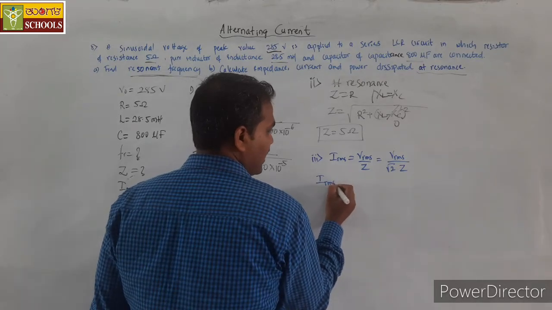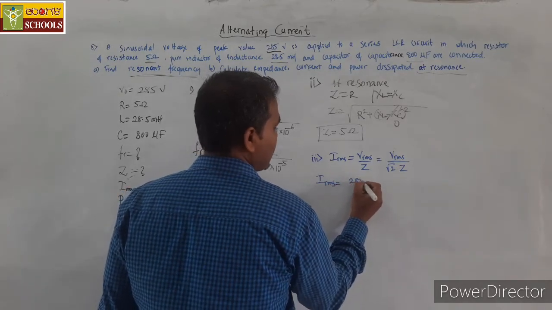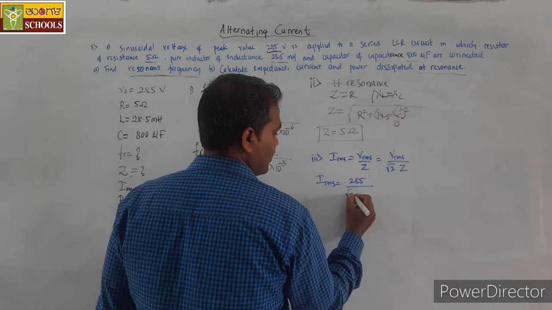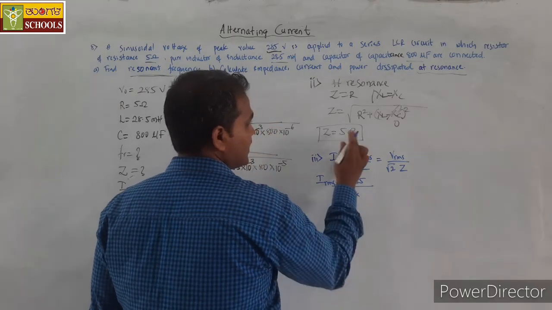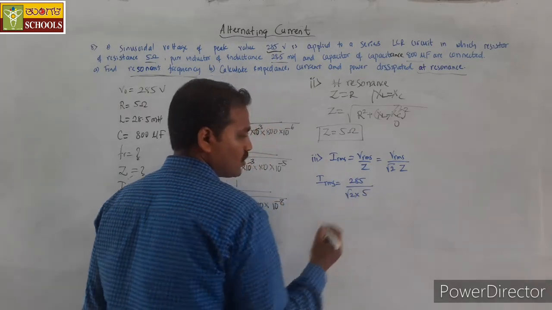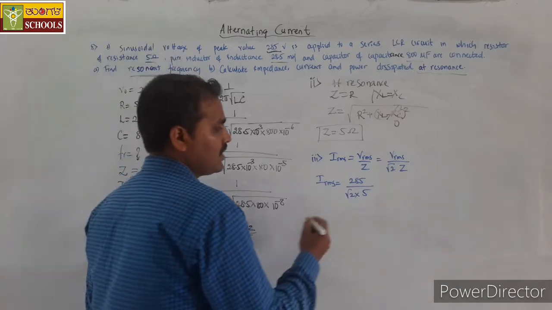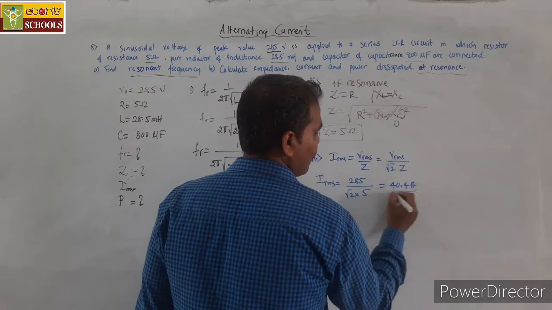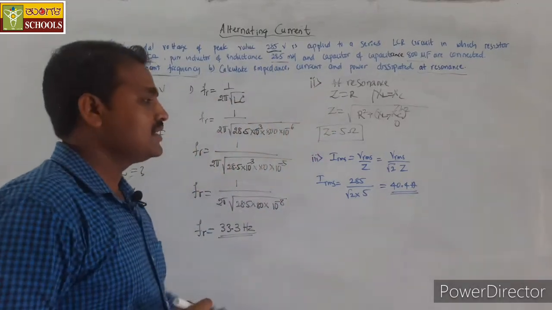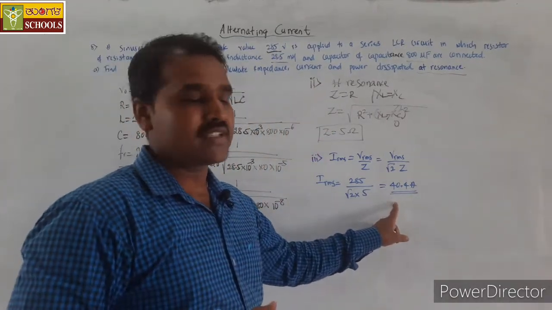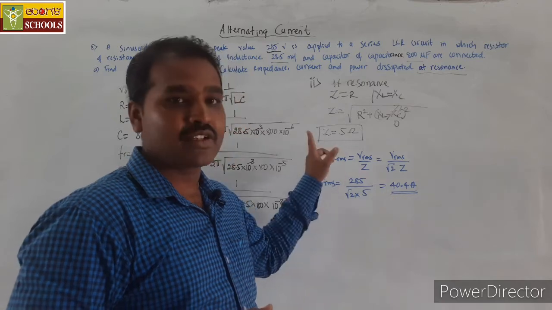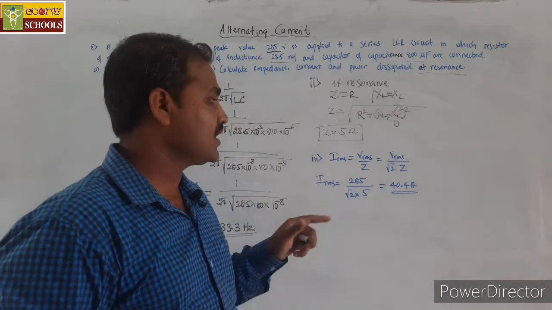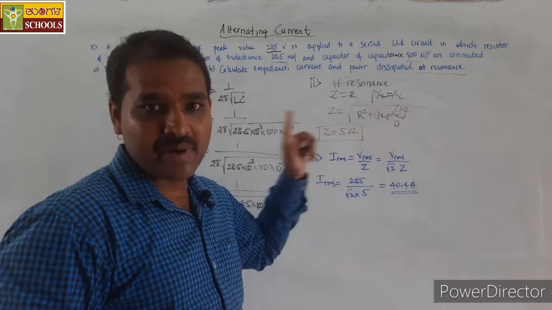So I get IRMS is equal to 285 divided by square root of 2 into Z, which is nothing but 5, that is the resistance. By calculating this I get it as 40.4 amperes. This is the value of RMS current when the circuit is in resonance, that is, the impedance is minimum.